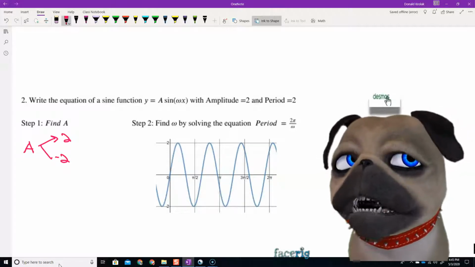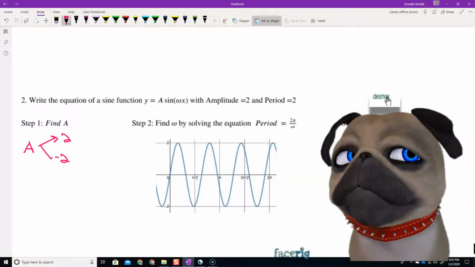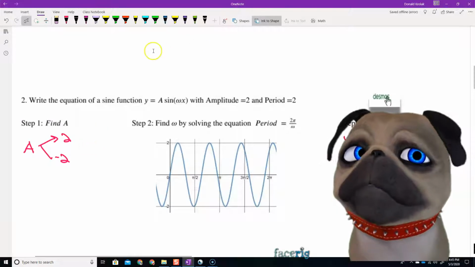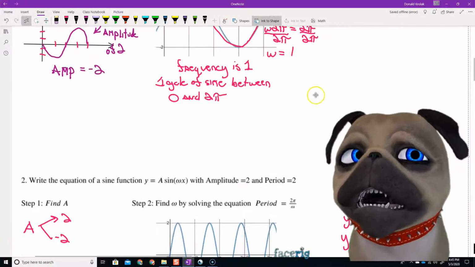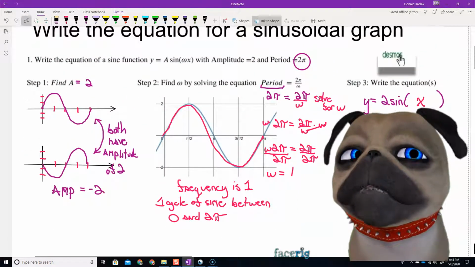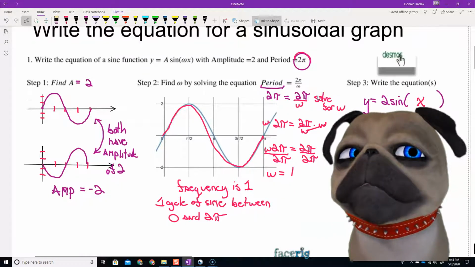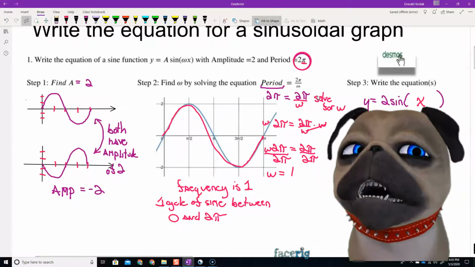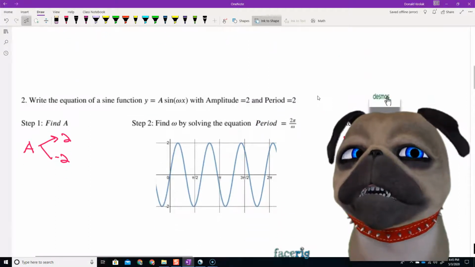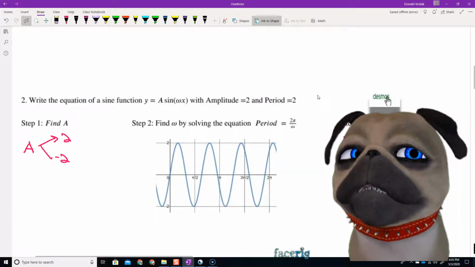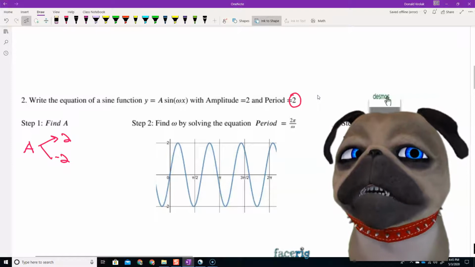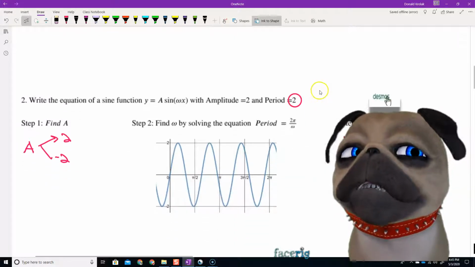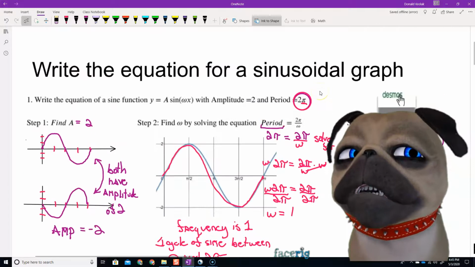All right, now it says the period is 2. Now the reason I picked this one is because it looks real similar to the previous one where it says the period is 2 pi. But this, there's no pi symbol. It's just the number 2. So you can see the graphs don't even look the same.